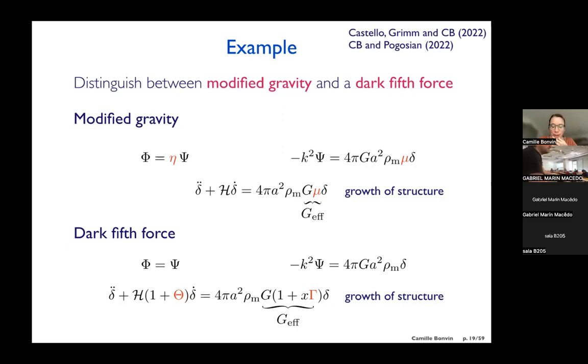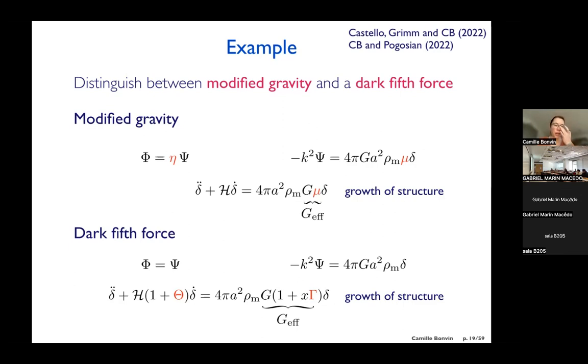Okay, so if we look at these two types of equation, we see that the impact on the growth of structure will be very similar, because since we don't know the strength of the fifth force, the fact that it is multiplied by the fraction of dark matter is not enough to help us distinguish between the two types of scenario.